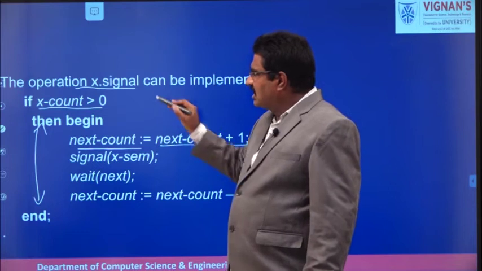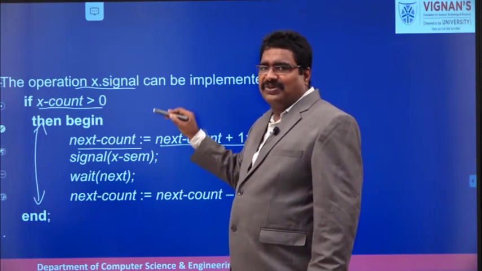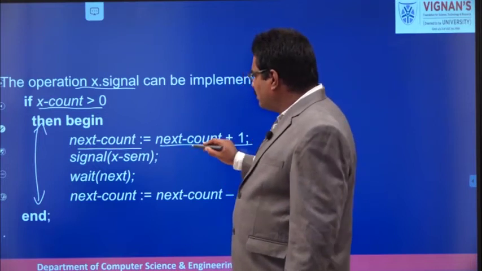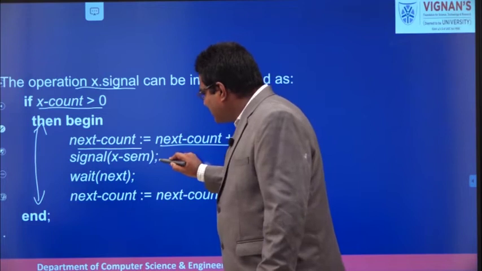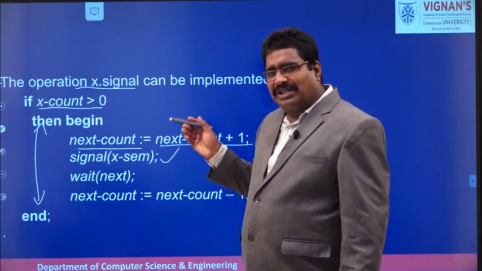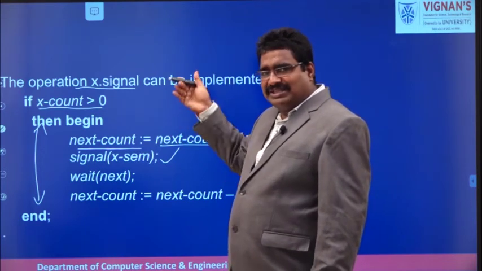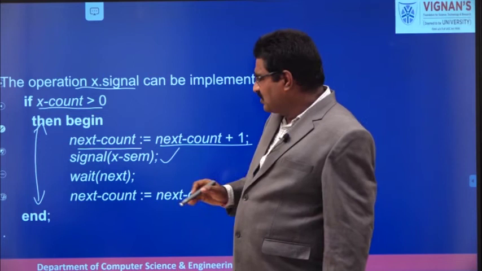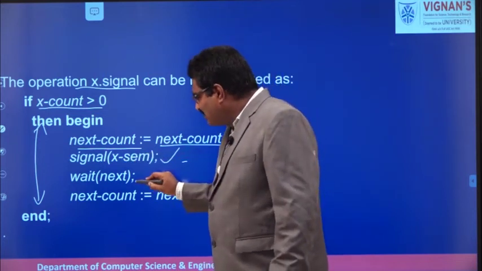Whenever a process calls x.signal, it verifies whether any process is waiting on the particular condition variable; only then is next-count increased by 1, and it gives signal x-sem. What is the meaning of signal x-sem? If any other process is waiting on the x semaphore, it is allowed to come out of the wait function. For that reason, it gives signal x-sem, and next it gives wait next.